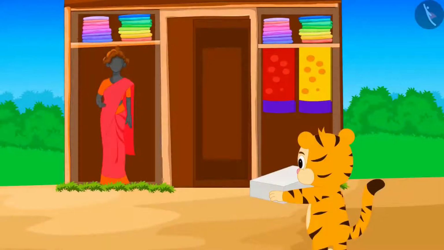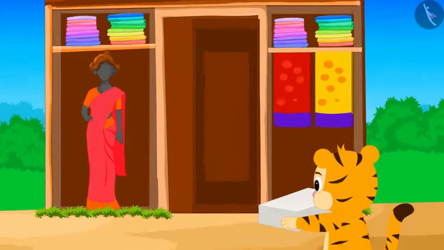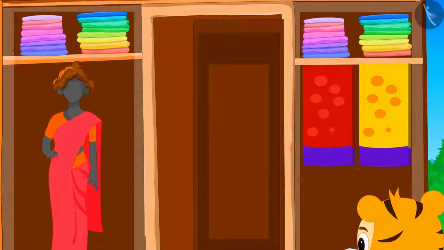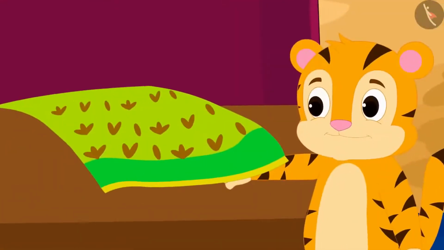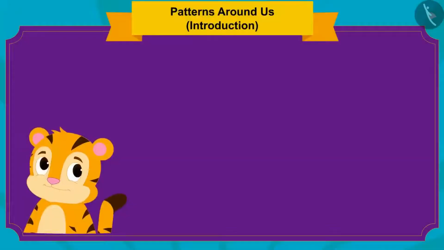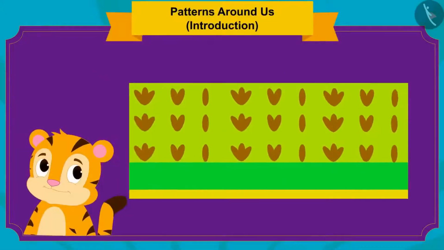and he has now come to buy a sari for his mother. The sari shop has beautiful saris of various designs. Sher Khan liked a sari of this design very much. Sher Khan noticed that this sari also has a unique pattern.